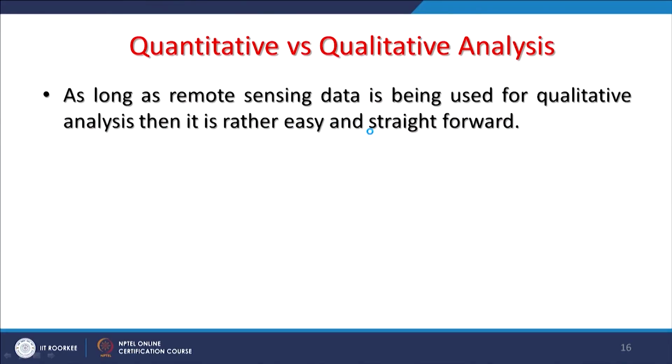So, as long as remote sensing data is being used for qualitative analysis, it is rather easy and straightforward, as I have just mentioned and given examples. But when we employ it for quantitative analysis, then all kinds of complications will arise.